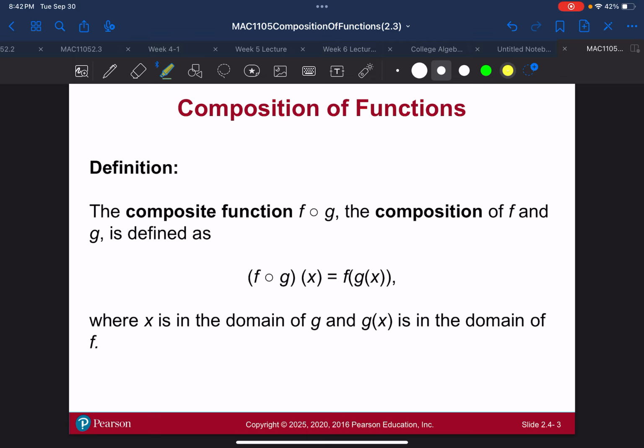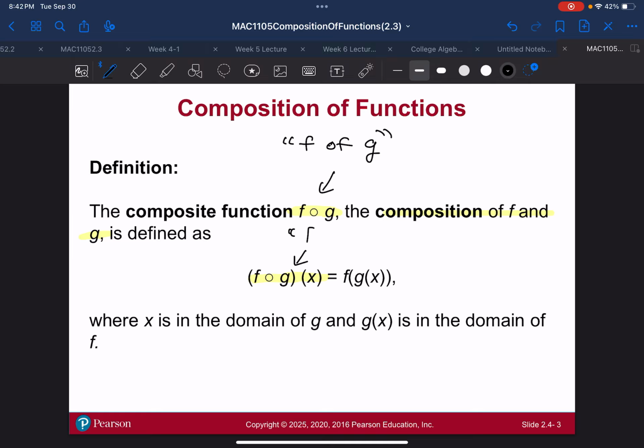So first of all, the composition function, which is written like this, and the way we read that is f of g. And this is the composition of f and g. And what this means is, so another way we write this is f of g in parentheses and then of x.